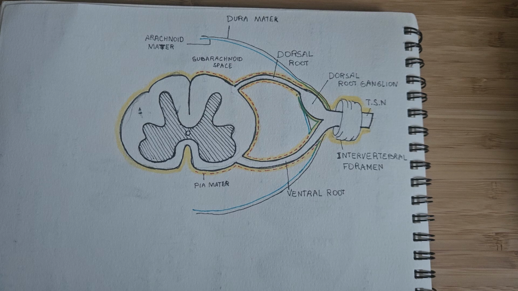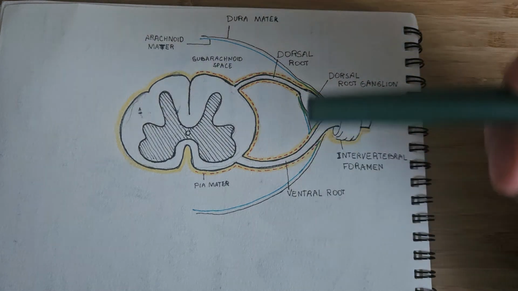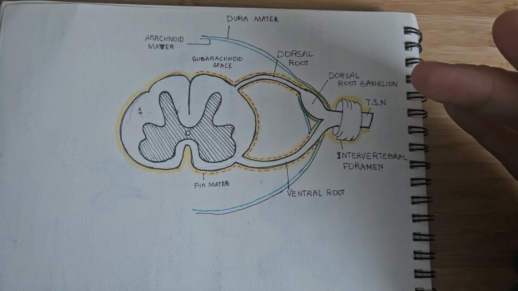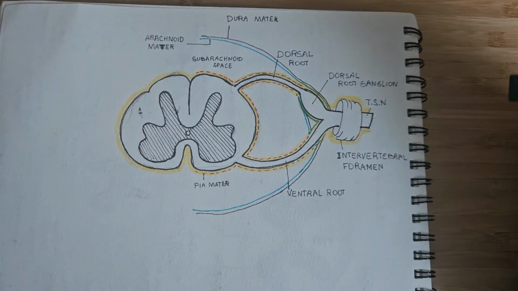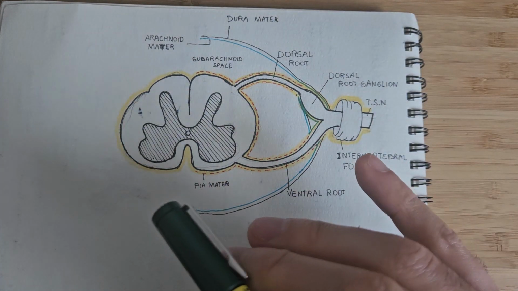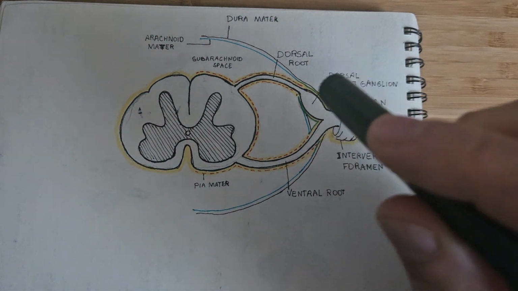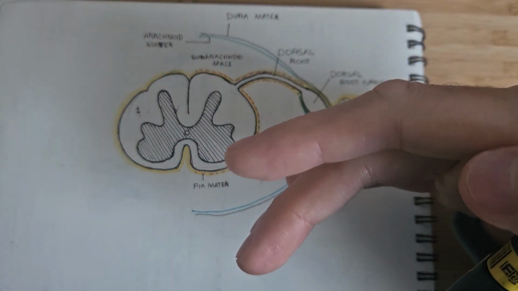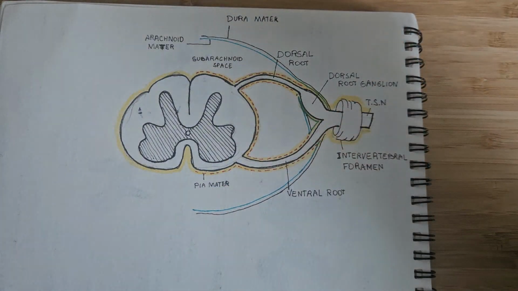Now the dura mater is the outermost layer and is considered the toughest layer. If you go to the lab, if you do the dissection, you will notice this. From all meninges, it forms a strong protective covering around the spinal cord and the nerves.